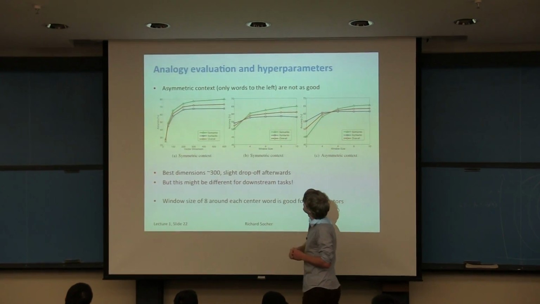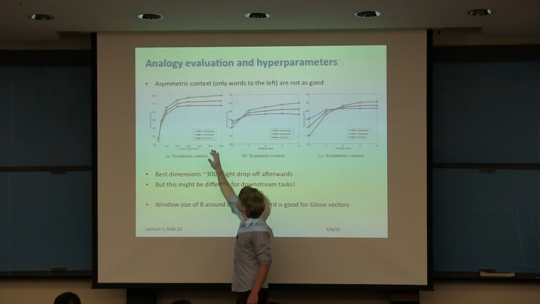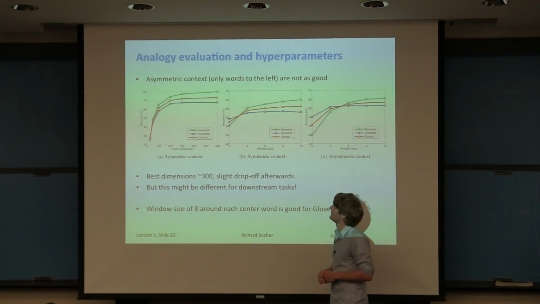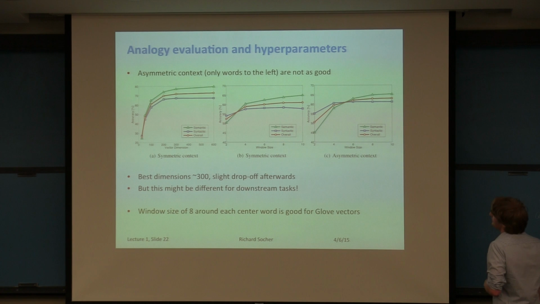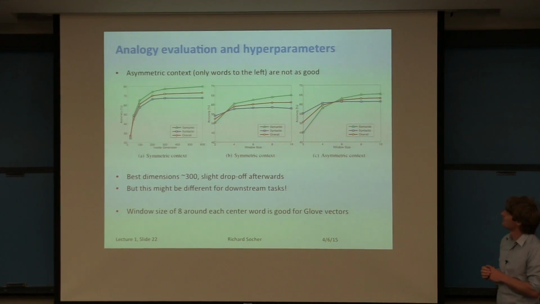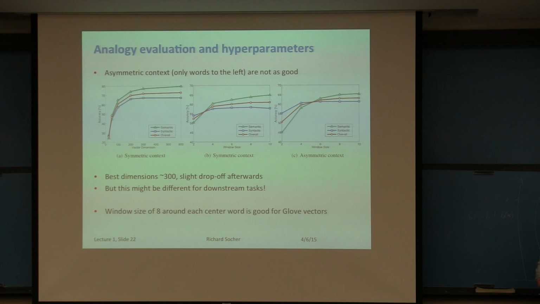And basically they look at syntactic accuracy, semantic accuracy, and the overall accuracy in this analogy task. And basically what we observe is that after 300 dimensions, the overall accuracy barely goes up further. But until then, it really improves significantly.